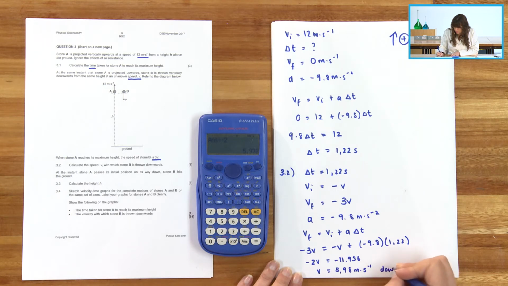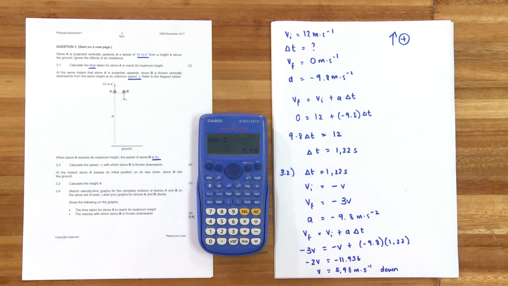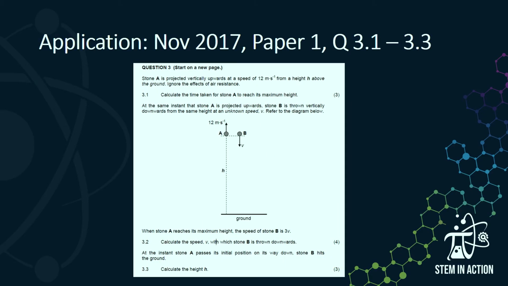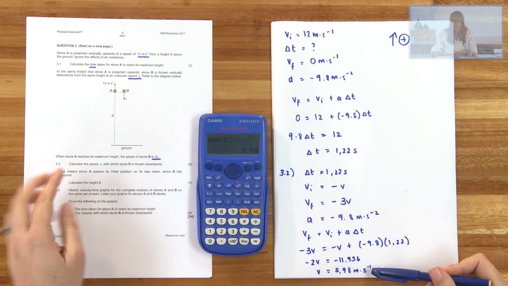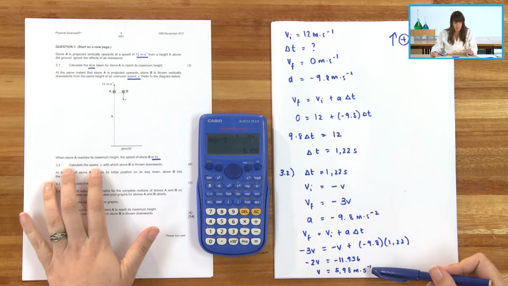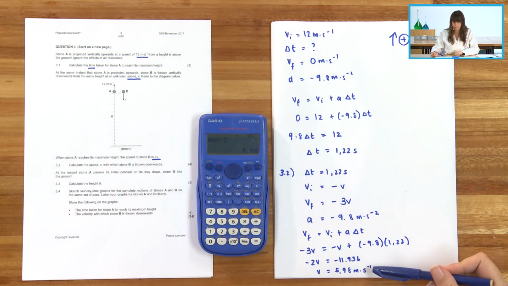We know that v is down. Right, so that's 3.2 done. There we've got our final answer of v equals 5,98 meters per second. Notice that they just asked for speed, so we don't need to worry about giving direction. Right, let's have a look at question 3.3.